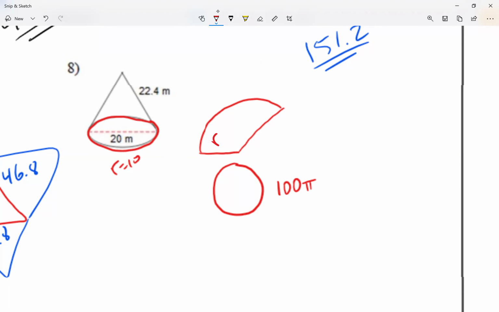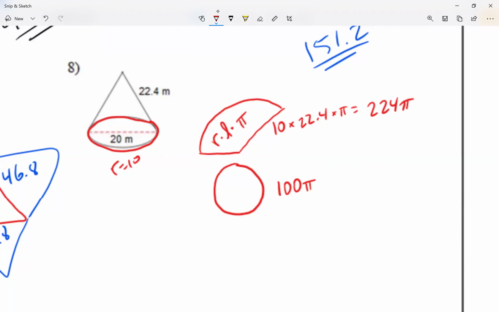It's the radius times the lateral height times pi. So in this case, I'm gonna go 10 times 22.4 times pi. 10 times 22.4 is 224 times pi.